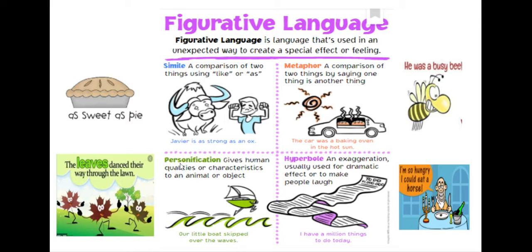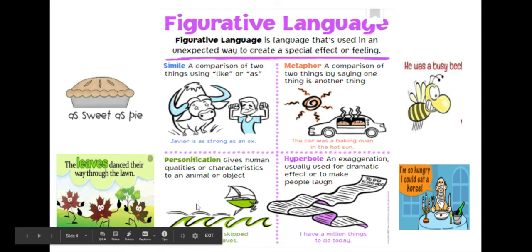Over here we have personification. I love personification because it's interesting to hear how kids put things together. But personification gives human qualities or characteristics to animals or objects. So these things really can't do what they're saying they're doing, but it can give us an idea so we can visualize it.